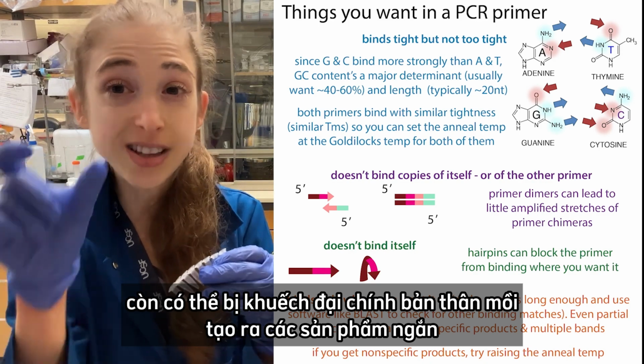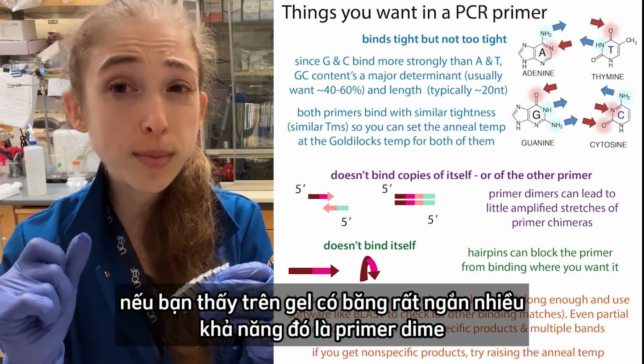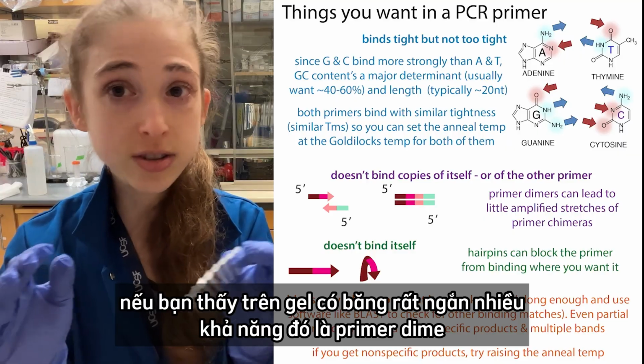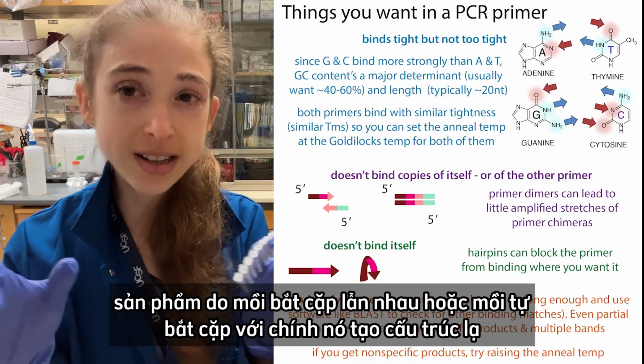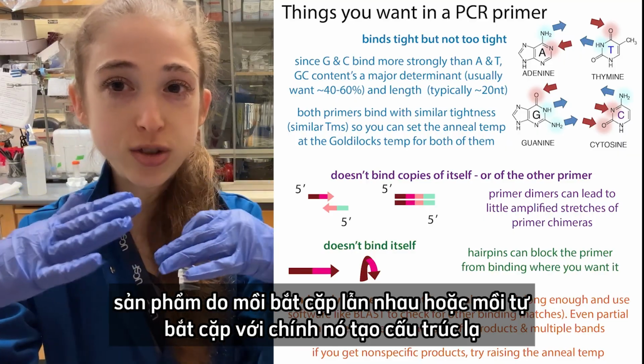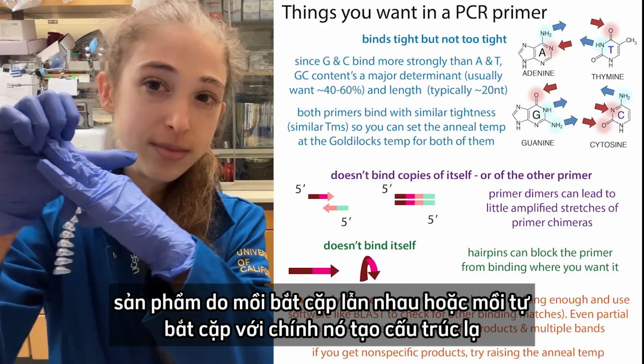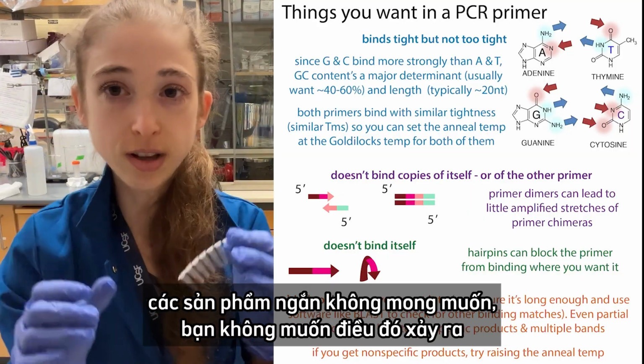So if you look at your gel and you see these short little products, those are probably primer dimers, products of those primers binding to one another, or to themselves, forming these weird short little products.